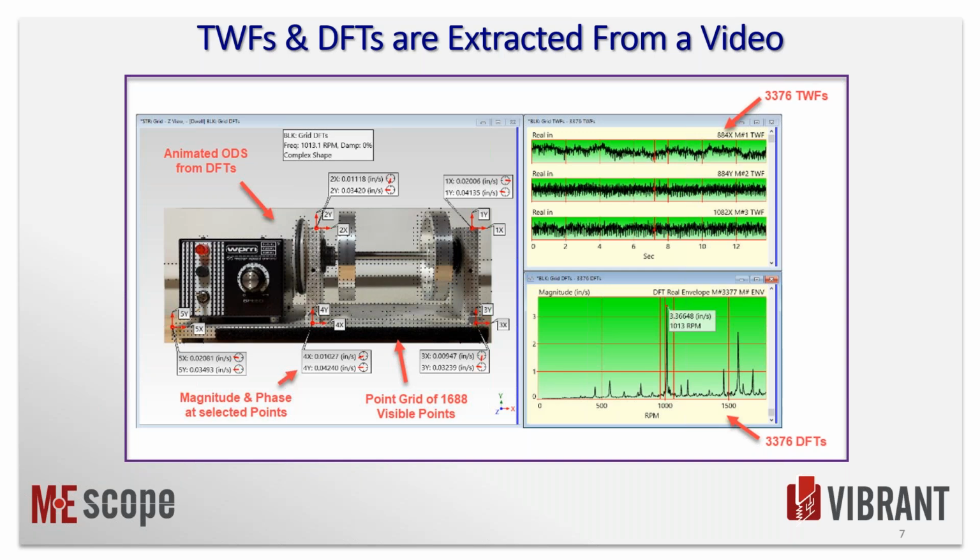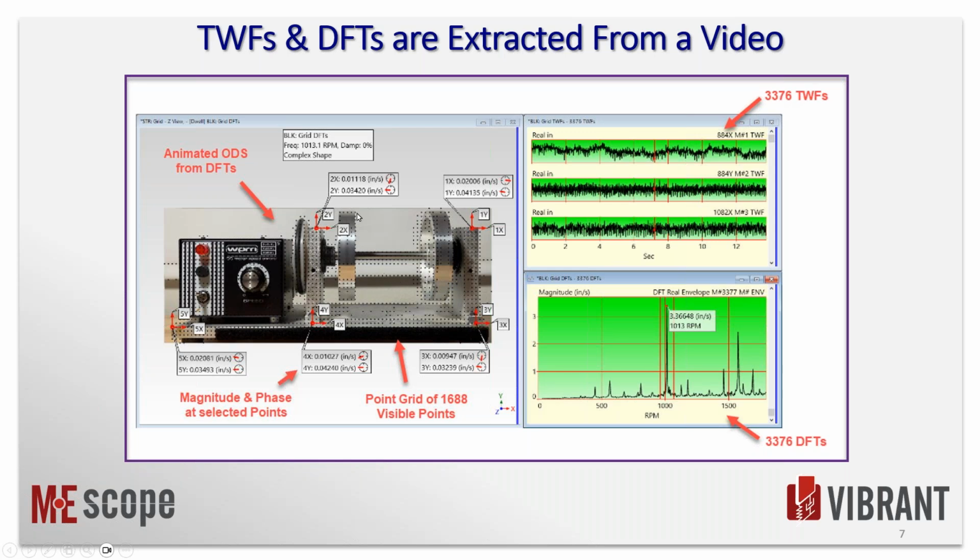so that we don't have the time waveforms or the DFTs. But you can see we still end up with a lot of data here from a video, a lot more than you would ever get from using accelerometers. You would never have 3,376 accels.